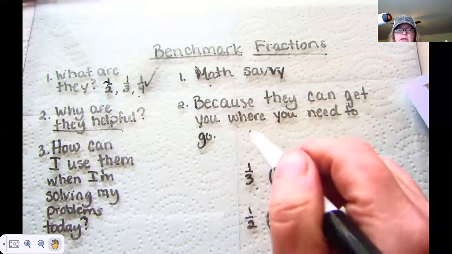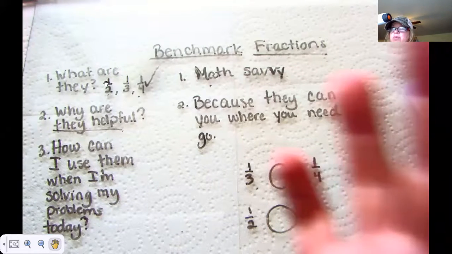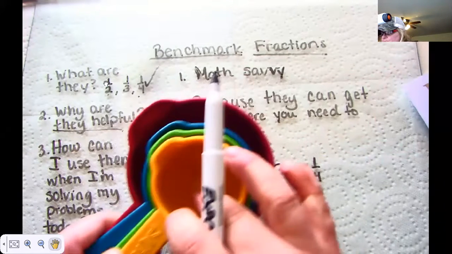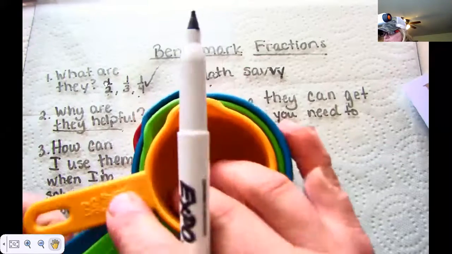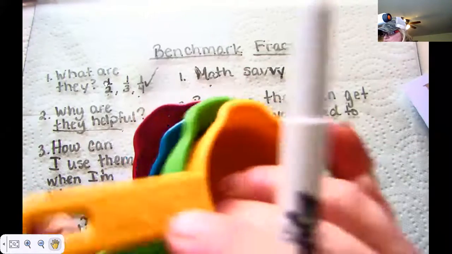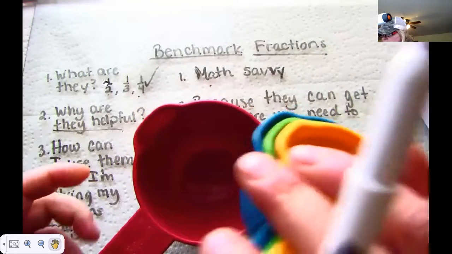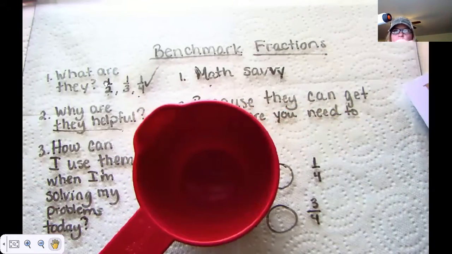Let's say in life you're comparing something, a cooking situation, because we used our measuring cups, okay? And it calls for a half a cup of something, and you don't have your smaller cups, you've lost them.